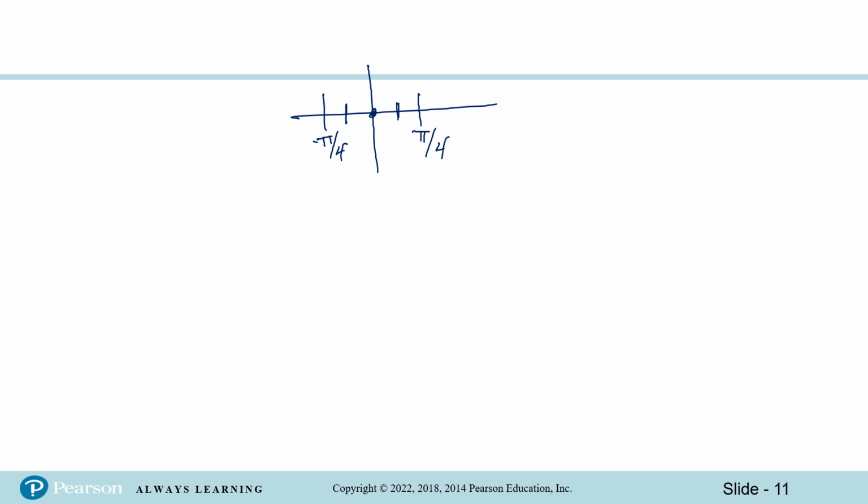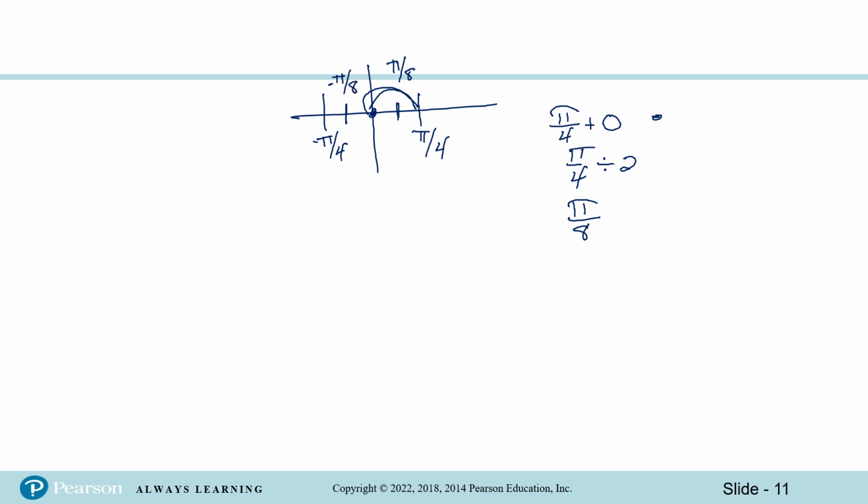So halfway between here and here, there's a couple different ways you can do this. But if you add them together and then divide by 2, you get pi over 8. So this would be pi over 8, and this would be negative pi over 8.